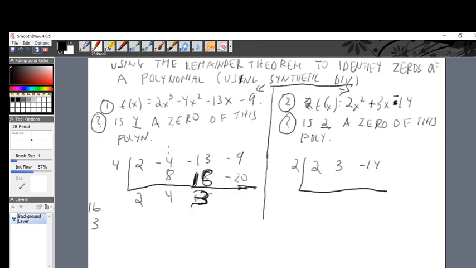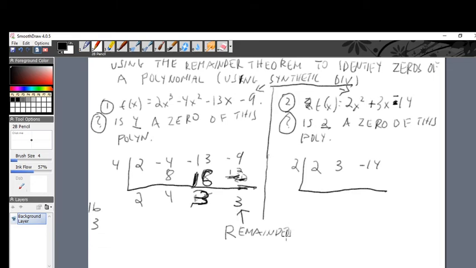Okay, now 4 times 3 is 12. Sorry about all this mess. Negative 9 and 12 is going to be equal to 3 at the end. So what's the remainder? The remainder is 3.